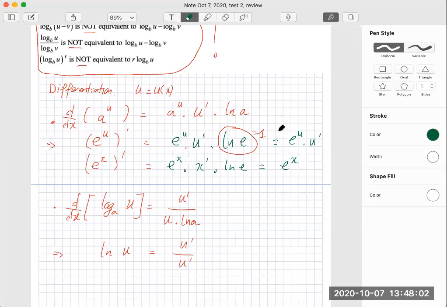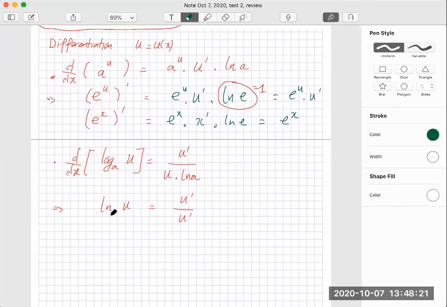Okay? Another one: the derivative of log base a of a function u will be u prime divided by u, multiplied by a number, natural log of a.